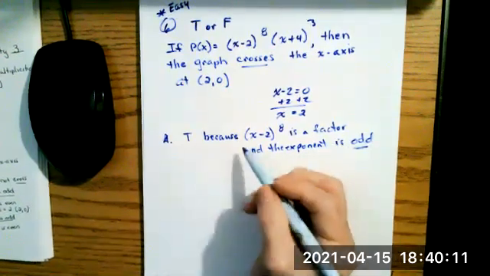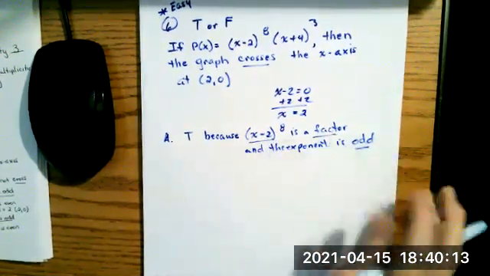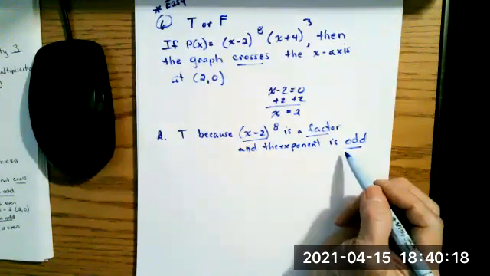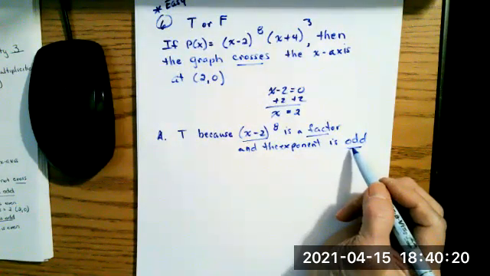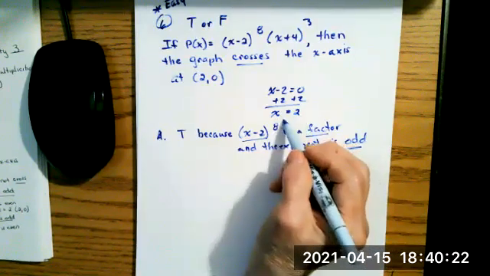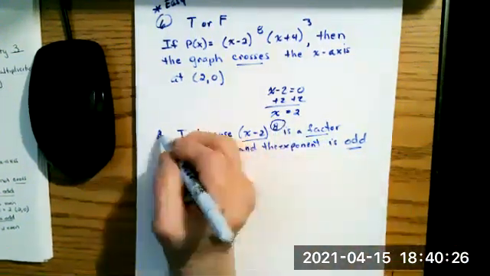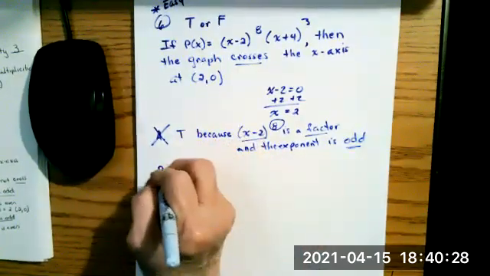X minus 2 is a factor, that's for sure. Is our exponent on it odd? What is our exponent? It's even, so that one can't be it.